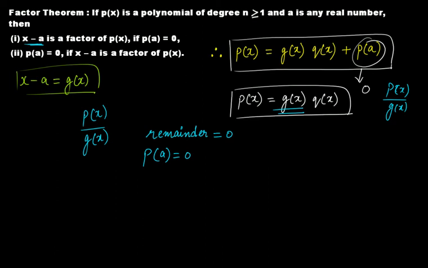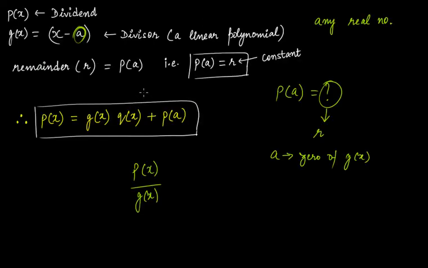Okay, now one last thing. If you take gx as x plus a, in that case, don't get confused. If you are taking x plus a, then in that case your 0 will be minus a, because if you put minus a at the place of x, you get minus a plus a is equal to 0.